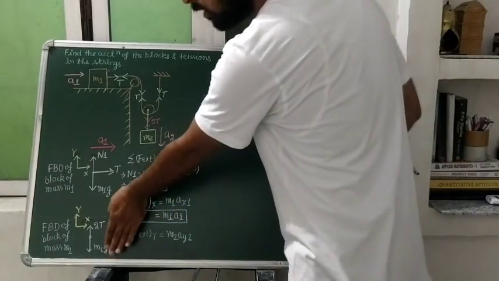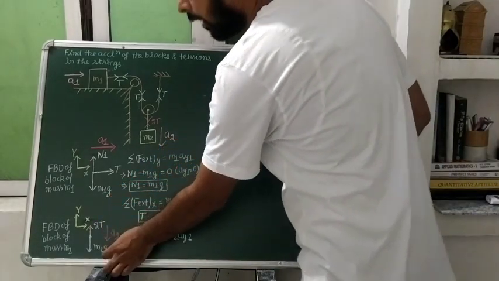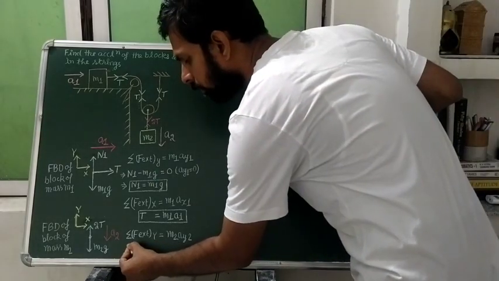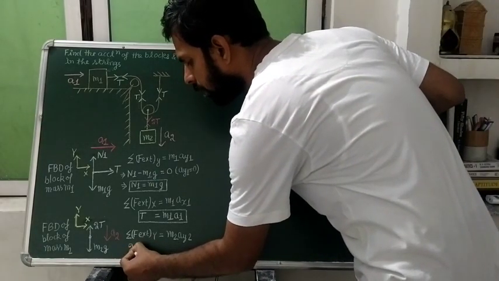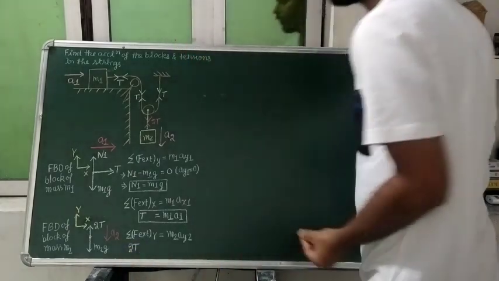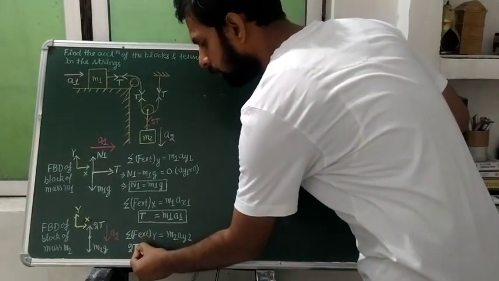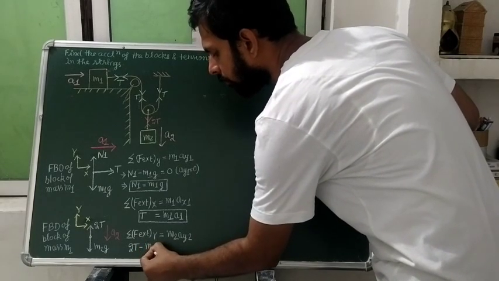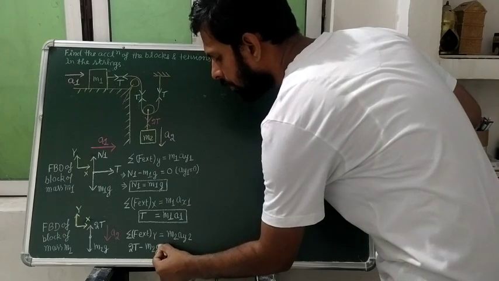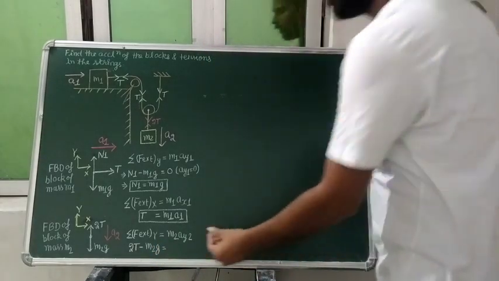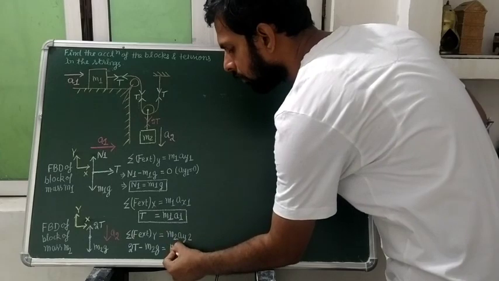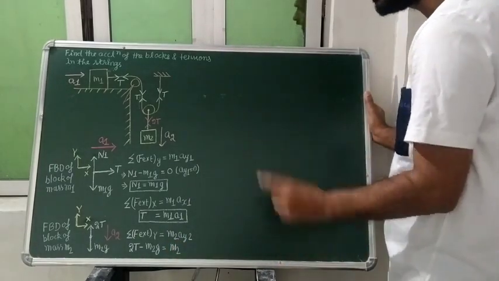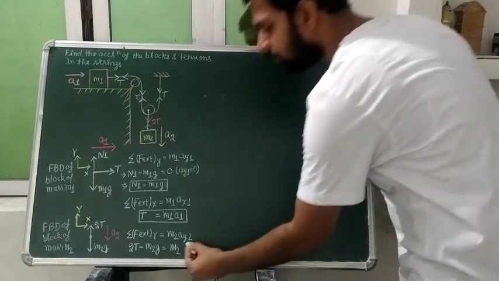Obviously, in the y direction 2T and m2g are acting. 2T we have assumed as positive, and this m2g will become negative. And from here m2 times ay2, which is a2, and that is negative, isn't it?